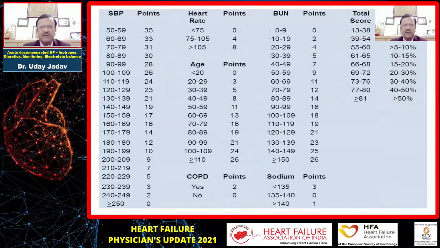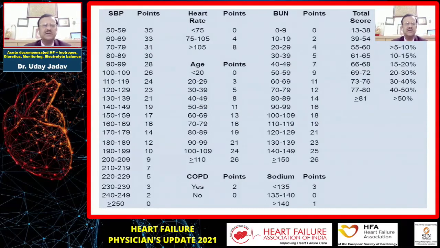So if we look at the probability of death based on the score, as just one example, if you have a young patient between the age of 50 to 60 years, and his systolic blood pressure is 90 to 100, he gets 11 points here because he's between 50 and 60 age.